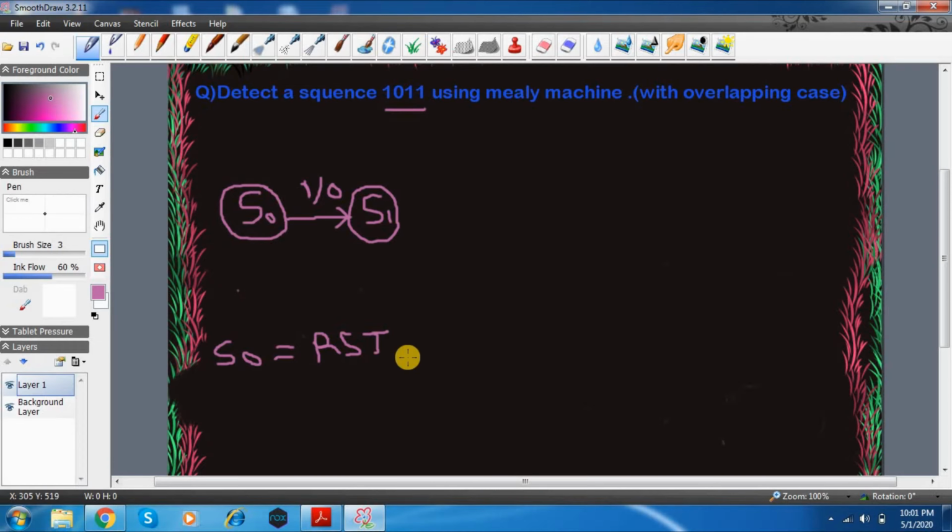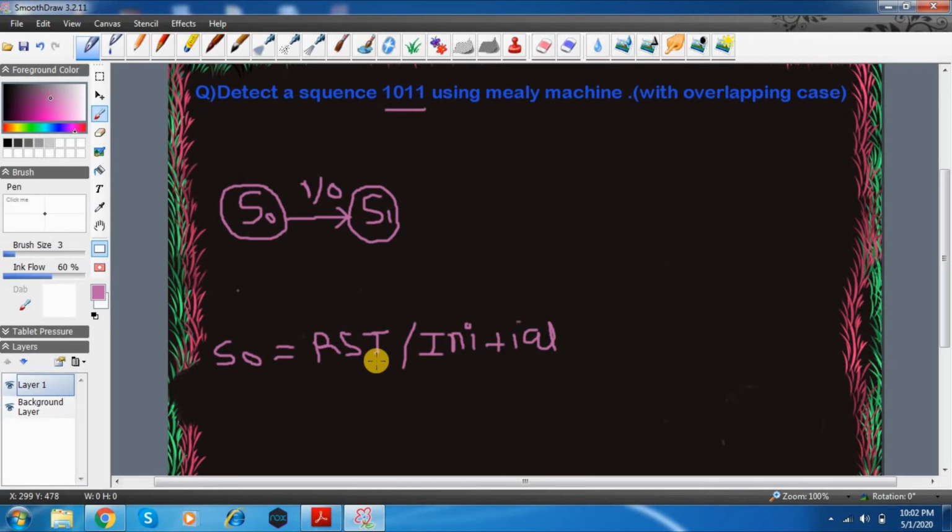We can also say that it is the initial state, reset state or initial state.